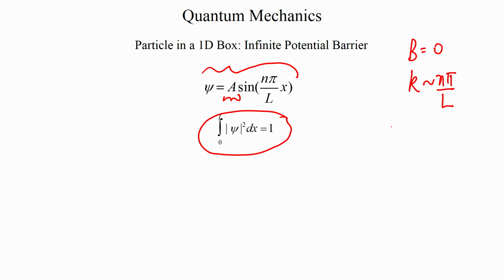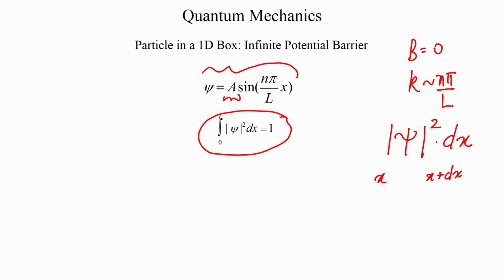If you remember, psi square was the probability density function for the particle, and psi square dx is the probability that the particle exists between x and x plus dx. We have already said that it does not exist outside the box, which implies that the particle must be existing inside the box.